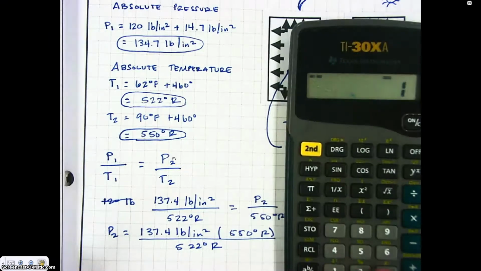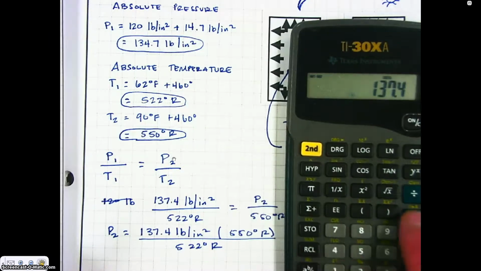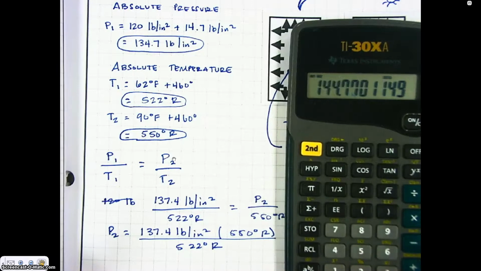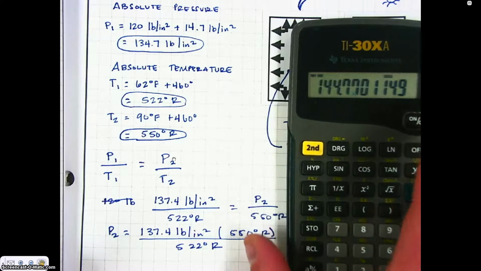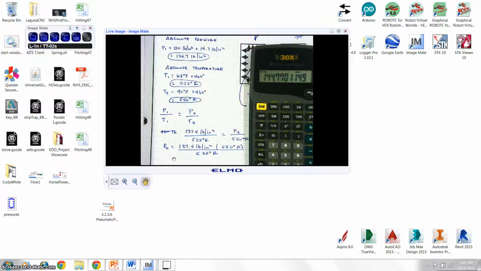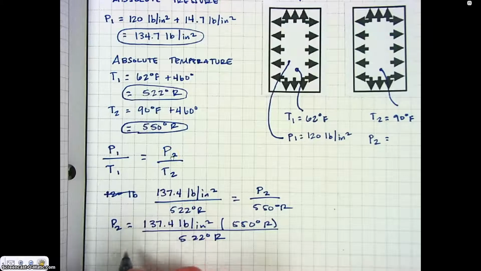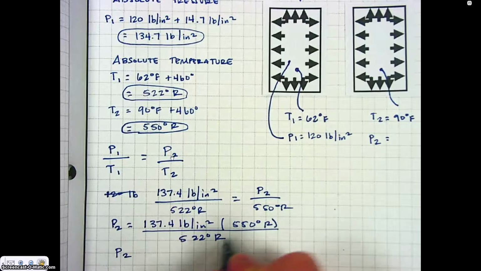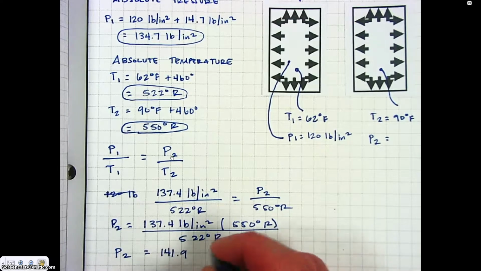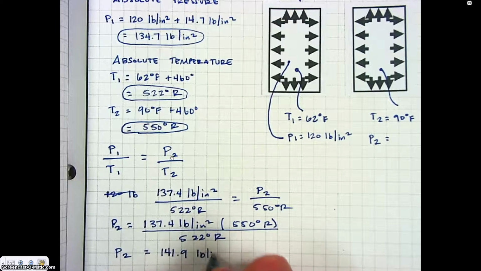We'll put in 137.4 times 550 and divide that by 522, and we divide it out and we get the pressure of 2, degrees Rankine cancel out, of 141.9 pounds per inch squared.